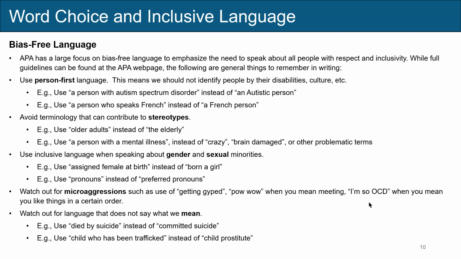Committed has a very different meaning if you look it up, but we say this to soften the discussion around these topics. In academic writing, we do want to focus on being very accurate with our language, again, so it will accurately translate into other languages if we decide to publish or share it.